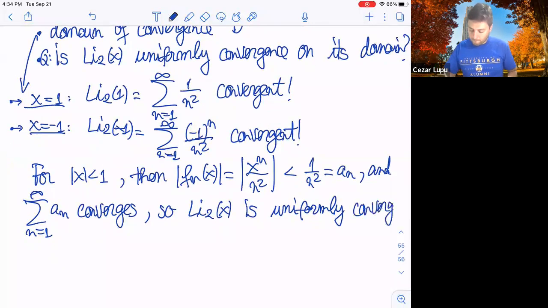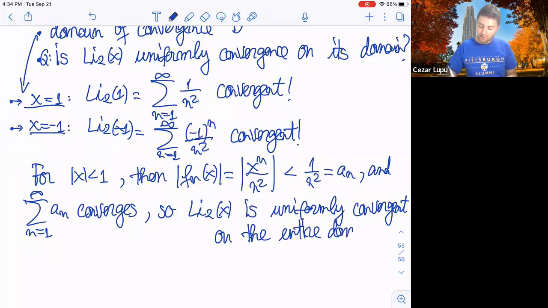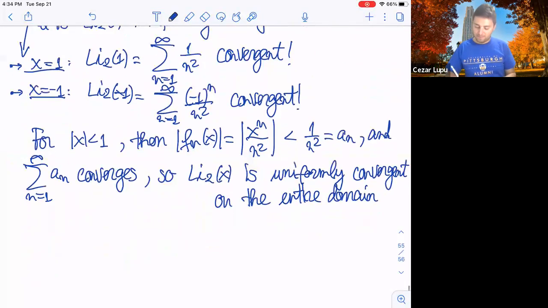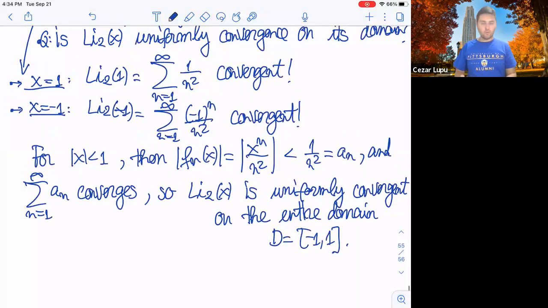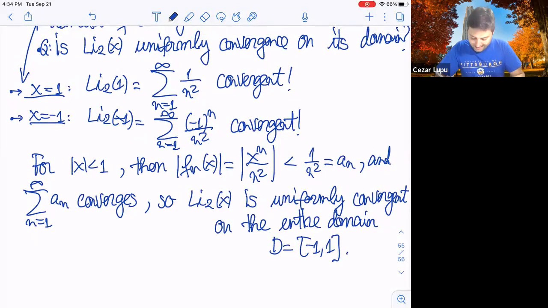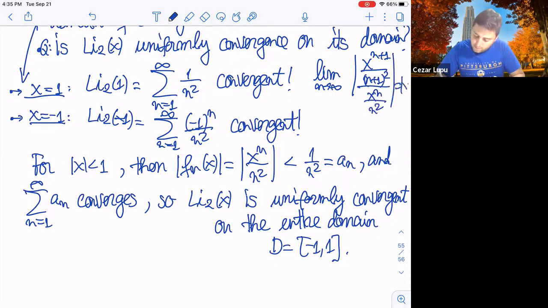But I forgot to say the domain. On the entire domain, let's say. And I forgot to say, because I only checked the endpoints, but it's the interval -1, 1. Okay, let me just go back because I jumped from one thing to another. I only verified at the endpoints, but we can also say that the limit as n approaches infinity of x to the power n plus 1 over n plus 1 squared over x to the n over n squared, this limit will be the absolute value of x.